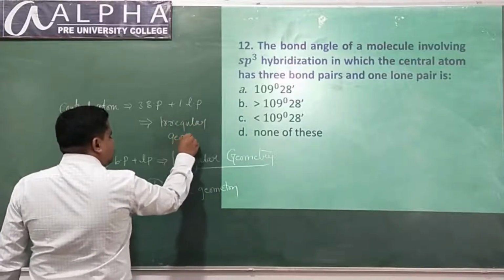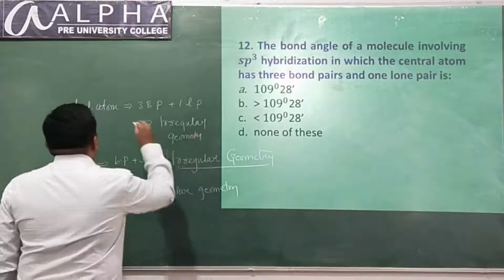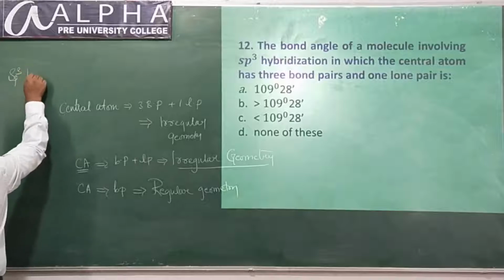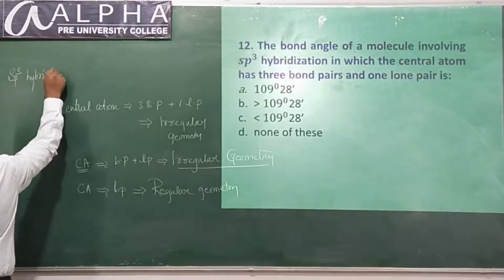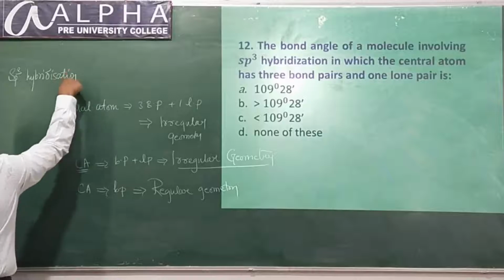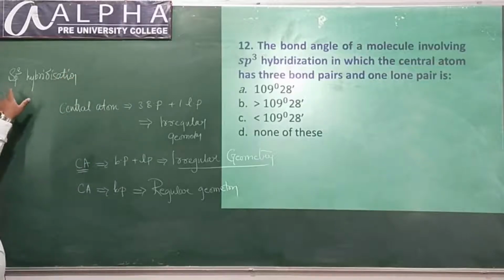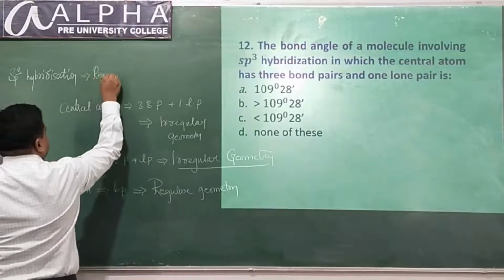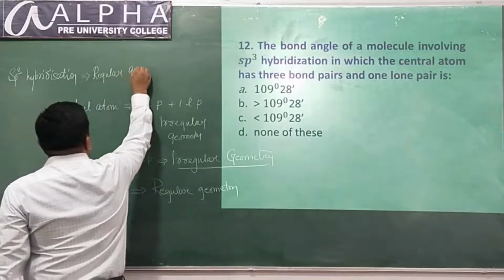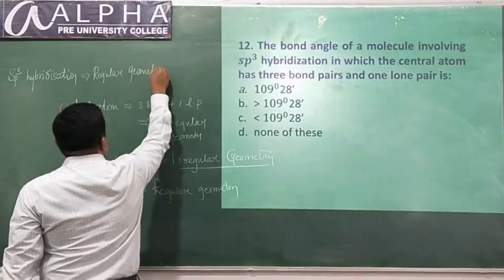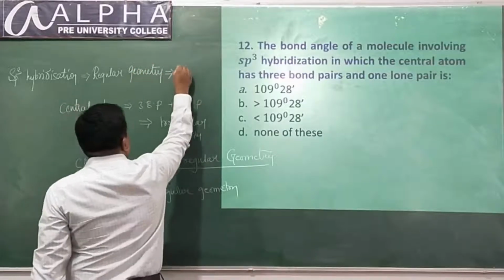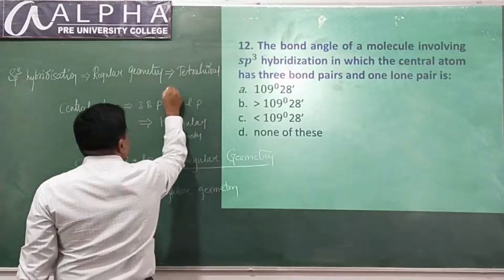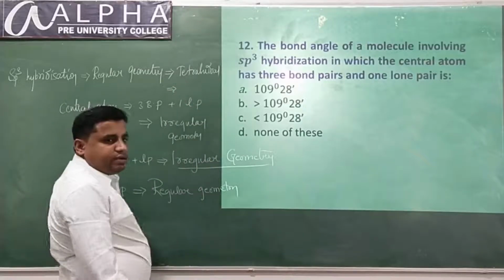He has given sp3 hybridization. If the sp3 hybridization is in regular geometry, then the shape of the molecule is going to be tetrahedral, and we know the bond angle for the tetrahedral structure.